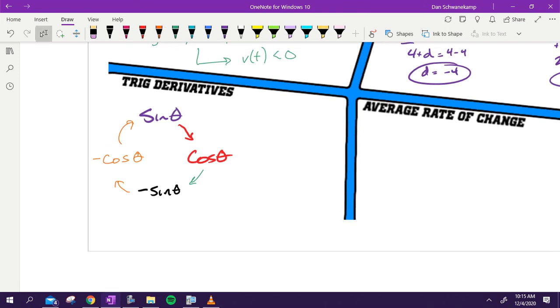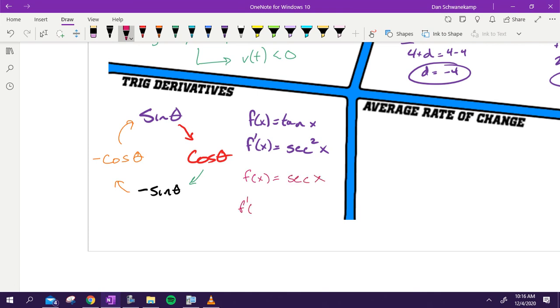The other trig derivatives that you might have forgotten is like, what if I said f of x equals tangent? What is f prime of x going to be? The derivative of tangent is secant squared. You've forgotten that. You need to remember it. Okay? The other thing you've forgotten is like, f of x is secant.